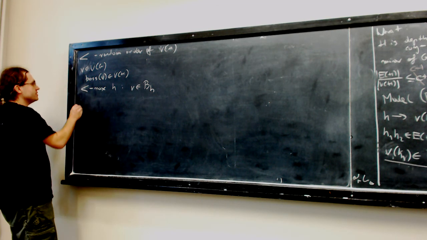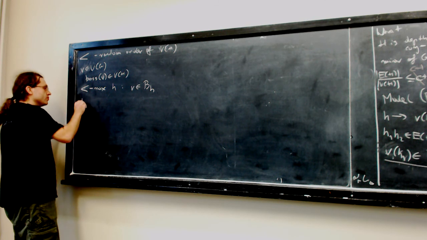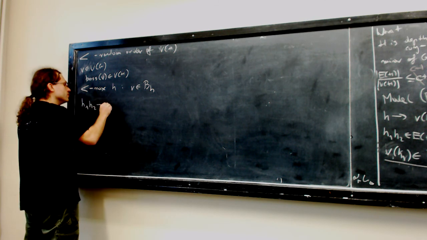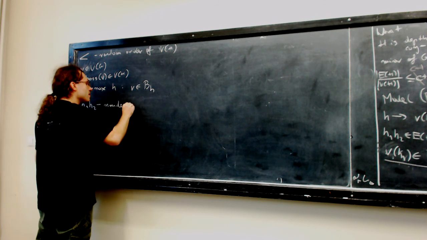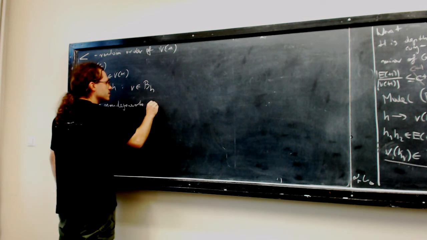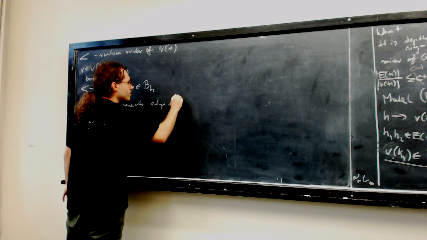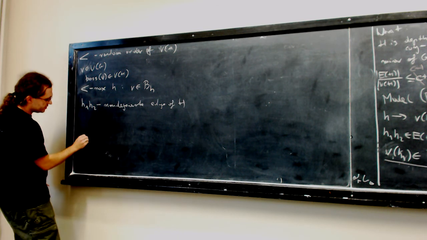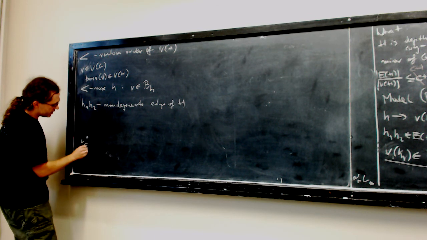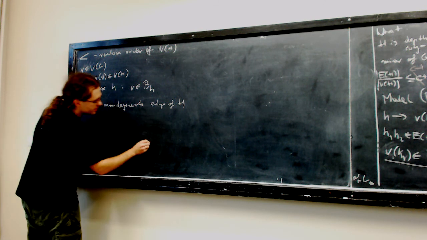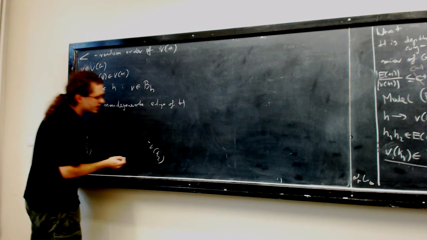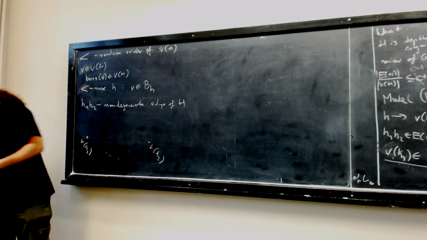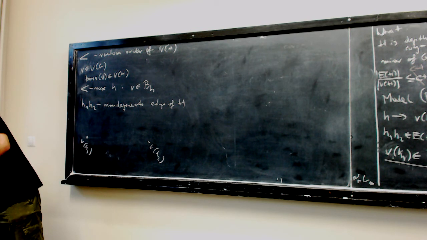Okay? So this is the boss, and let's write a non-degenerate edge. So let's look at H1, H2 being a non-degenerate edge of H. How does it really look in the graph? Here is V of H1. Somewhere in the graph is V of H2. Let me use two colors.